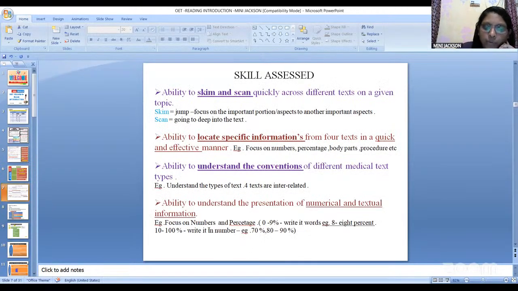Here also we need to focus on numbers and percentages. When you write it on the writing paper, 0 to 9%, we have to write it in words, and 8% means EIGHT, like that you have to mention. Then above 10 or 100%, we have to write it in numbers.